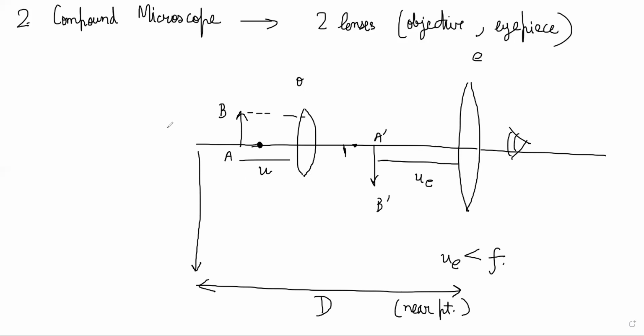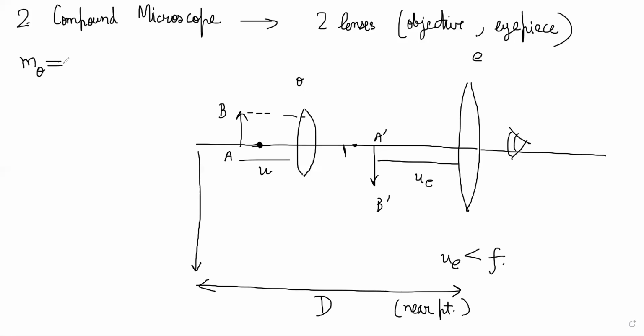So the magnification in case of the objective would be, if you remember, for a lens, magnification is given by what formula?